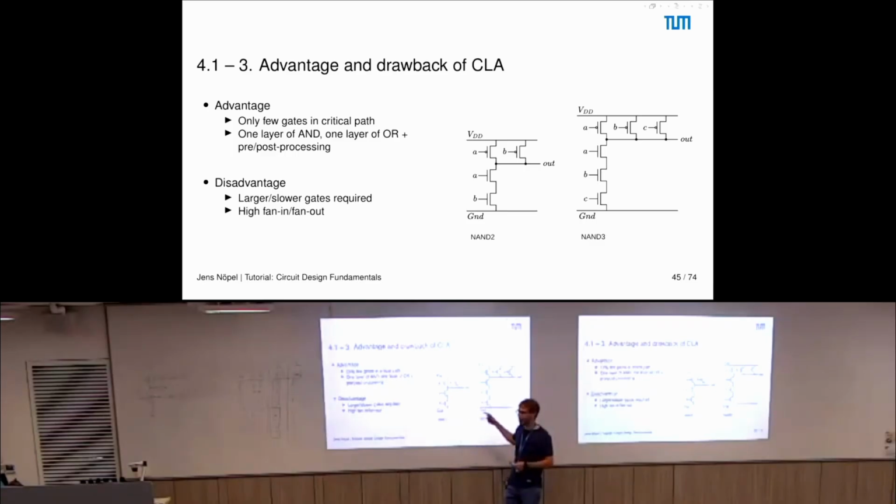Yes? All right. And now the question is, how do you dimension this? Here we already know this one is 2 and this one is 2 as well. So both are exactly as fast as the other one.